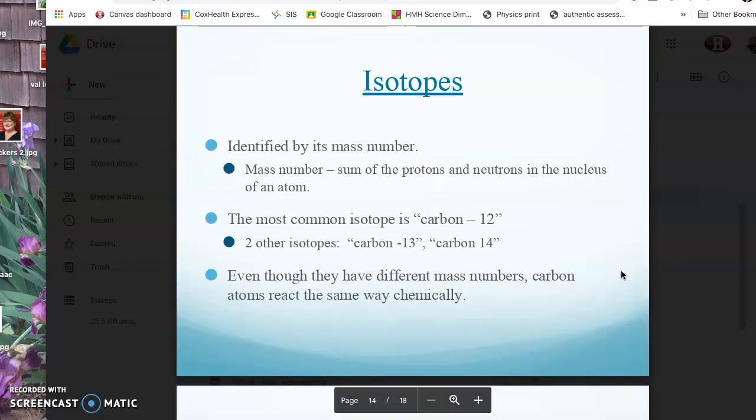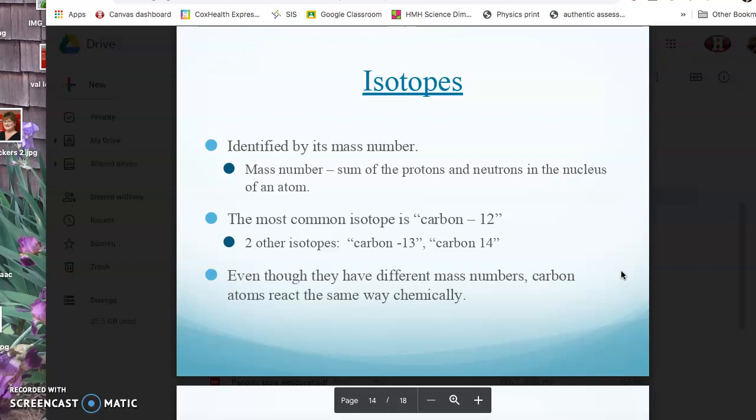So isotopes are identified by the mass number. The mass number is the number of protons plus the number of neutrons. Okay, so you add those together and that's your mass number. So that's just like, how many atomic mass units does it have? The most common isotope for carbon is carbon 12, but there are a couple other isotopes, carbon 13 and carbon 14. Even though they have different mass numbers, carbon atoms are all going to react the same way chemically.